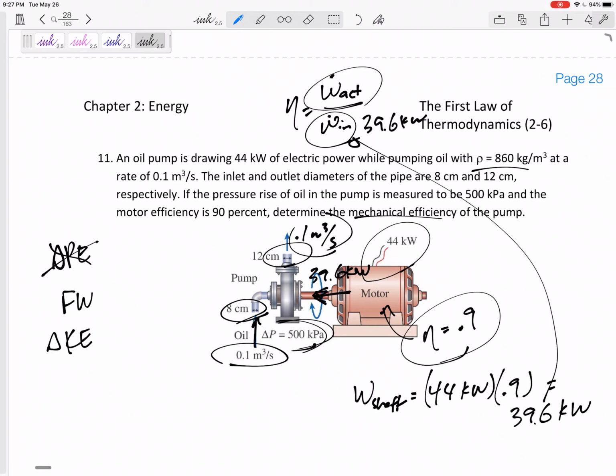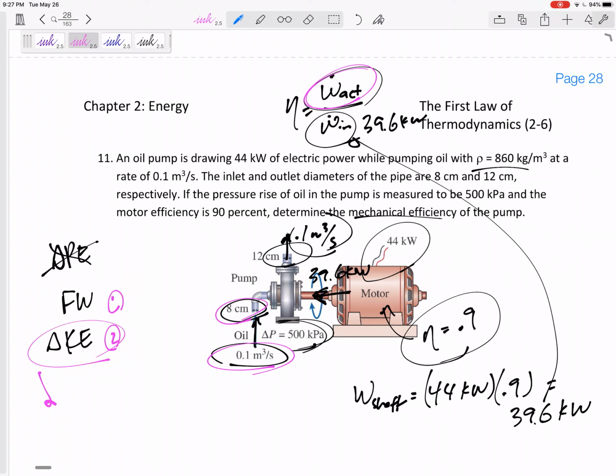It doesn't tell us the velocity going in and the velocity going out, but I think we have enough information to find both. And so there are two things here of actual changes in energy that the pump is doing.